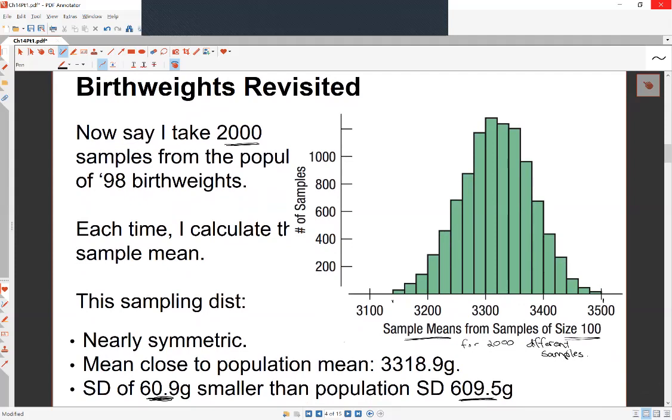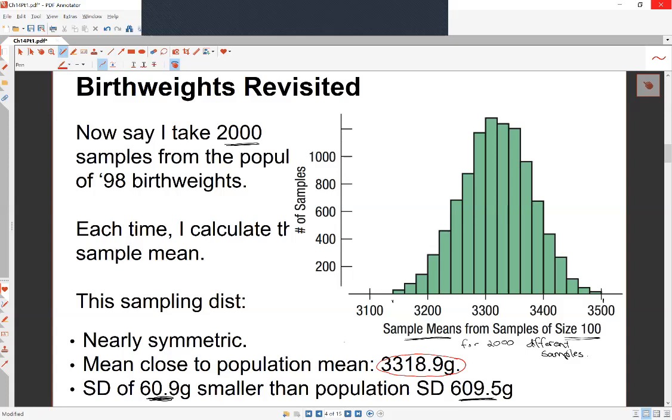But the other thing that's interesting is if you take the average in the population and you take the average of the sampling distribution, those numbers are nearly identical. So the sample mean distribution has a mean that's very close to the full distribution of all individuals, but it has a standard deviation that's a lot smaller. And I realize that just that whole sentence can probably sound a bit confusing.